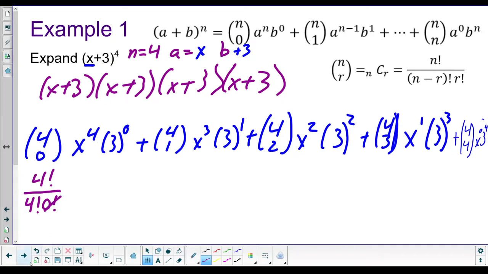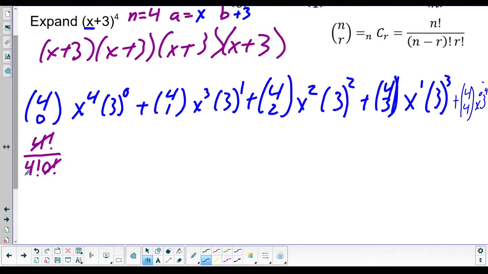So that thing goes away. Times 1 doesn't do anything. And then 4 factorial divided by 4 factorial, those cancel. This is 1.